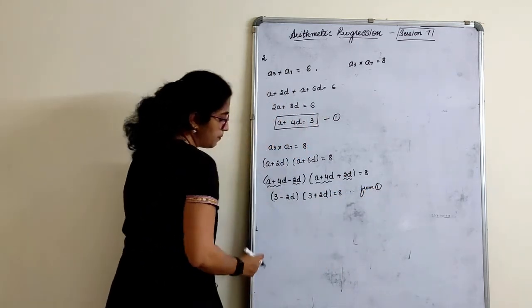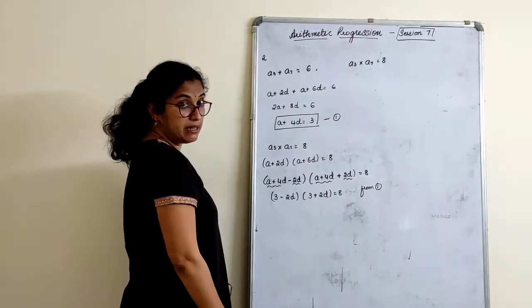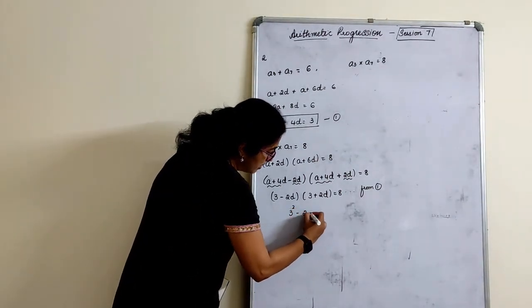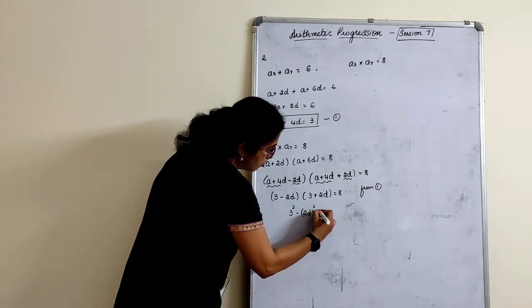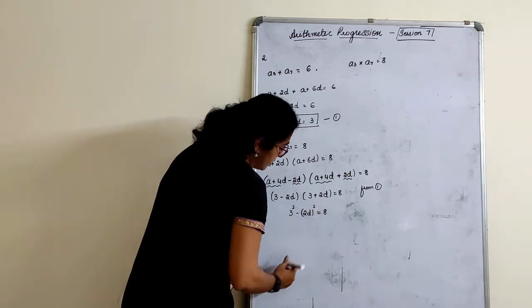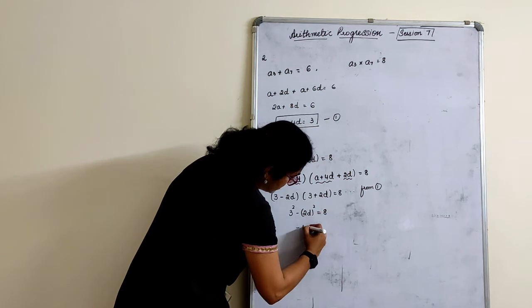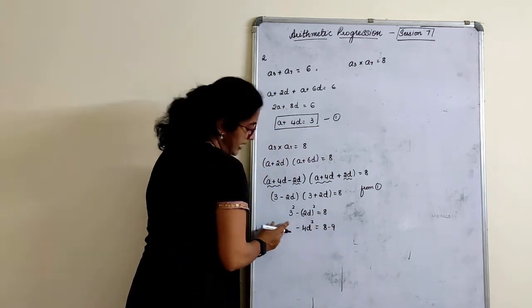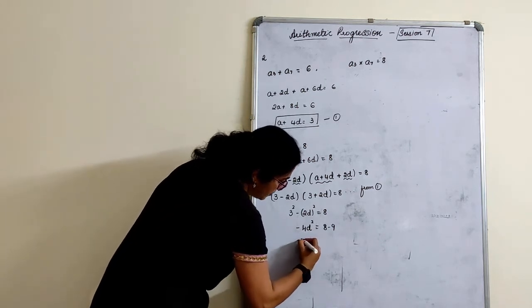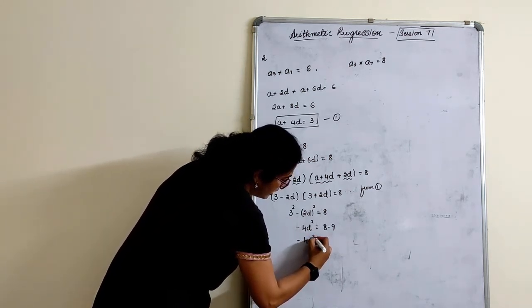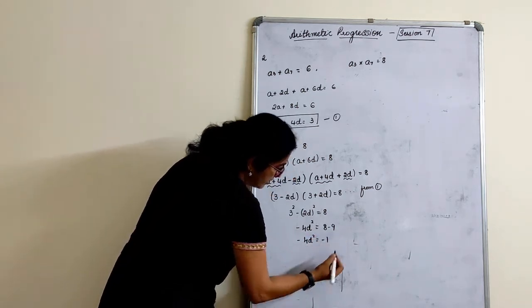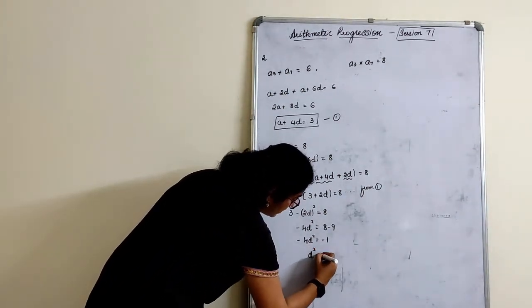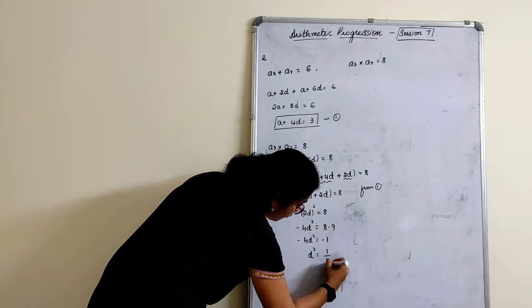From equation 1, A plus B and A minus B is A square minus B square. 3 square minus 2D whole square is equal to 8. Minus 4D square is equal to 8 minus 9. 3 square is 9. Minus 4D square is equal to minus 1. Minus will get cancelled. D square is equal to 1 by 4.